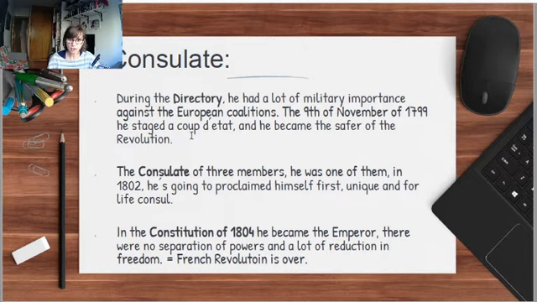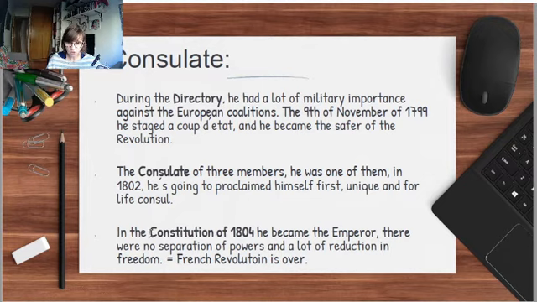He's going to establish a consulate of 3 members, of which he was one. In 1802, he's going to proclaim himself first consul for life. This is going to lead into the first French Empire, with Napoleon as emperor with almost absolute power.